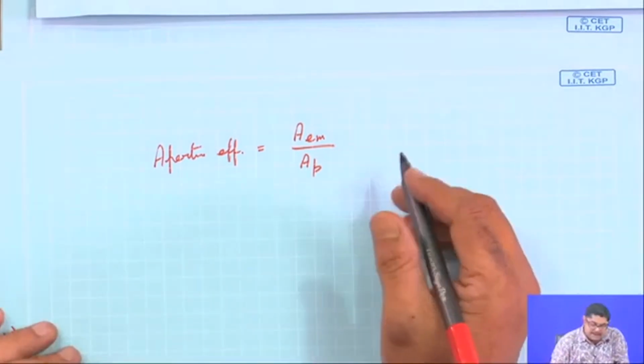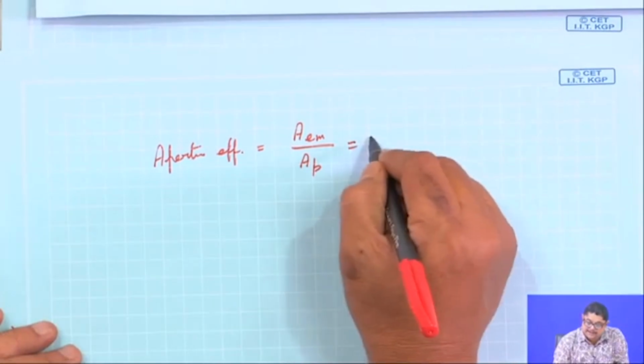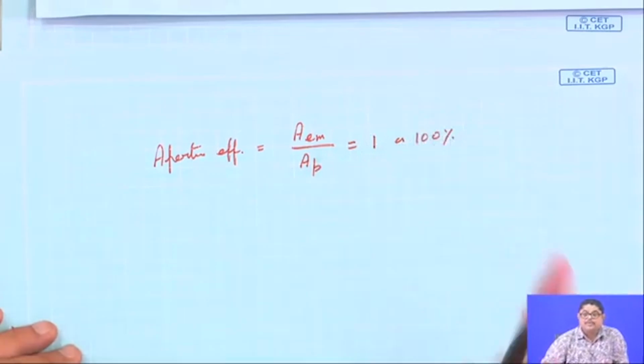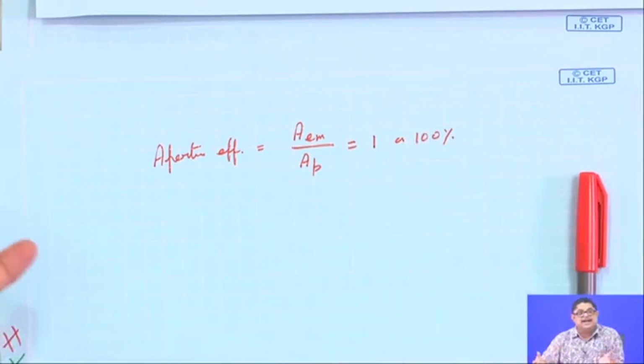So, how much are we getting? In this case, this is 1 or 100%. So, you see that the physical area and the maximum effective or electrical area are the same. Why? Because this happens for uniform illumination. We will see other examples.